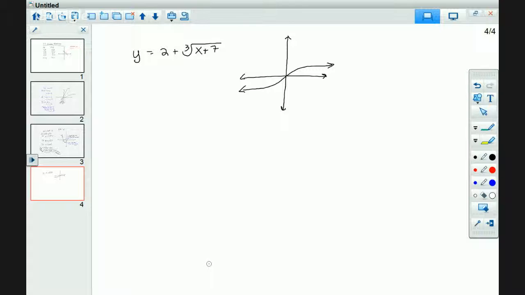So this is the cube root of x. This is x cubed. They're inverses. So is the cube root of x a function? It is. And x cubed is also a function.